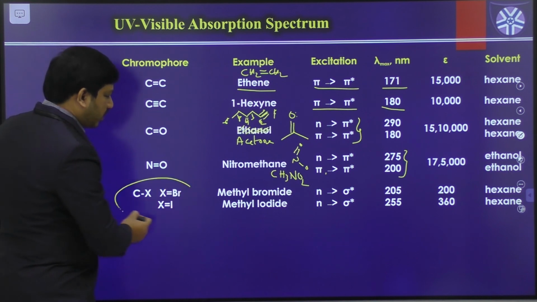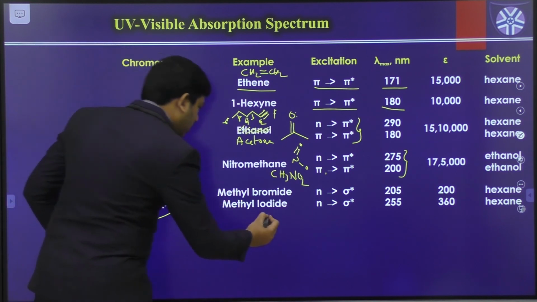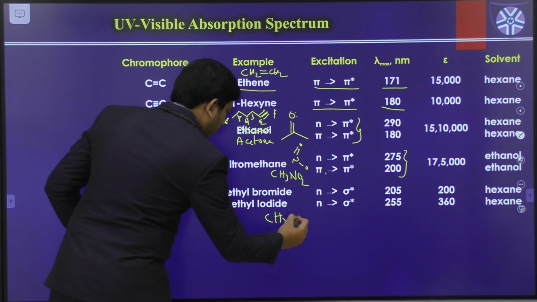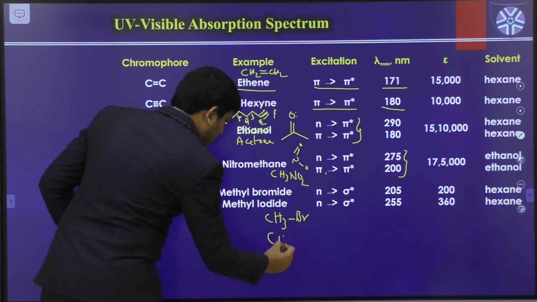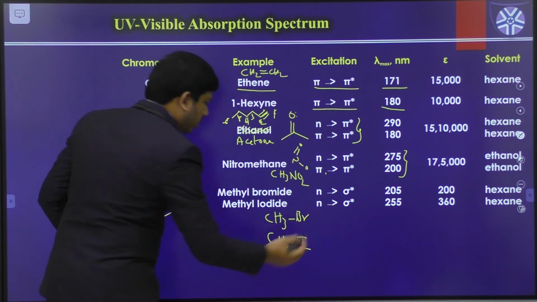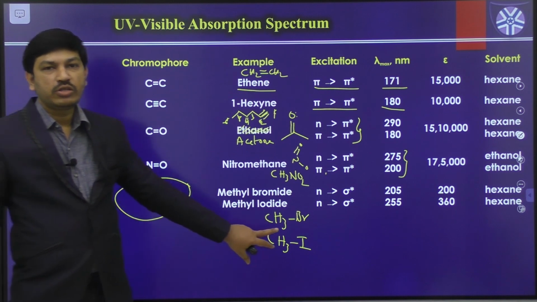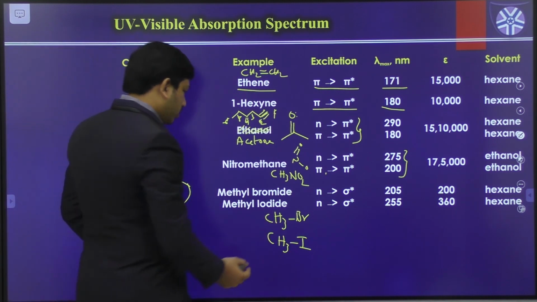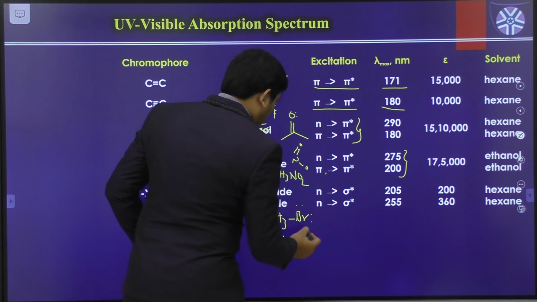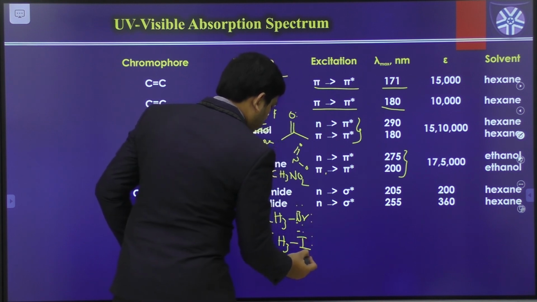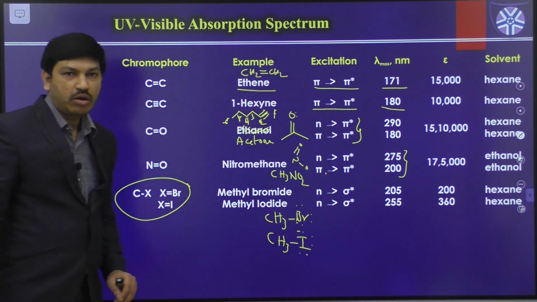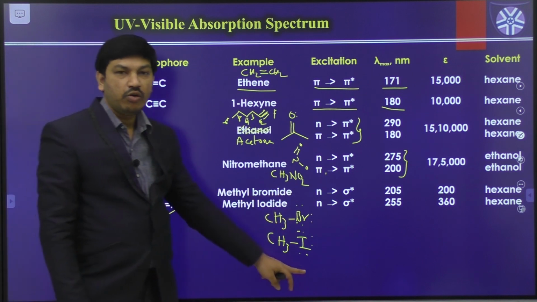And in case of methyl bromide or methyl iodide, CH3Br or CH3I, in those molecules all bonds are actually sigma bonds only. And these halogen groups are also having lone pair of electrons. All the halogens have lone pair of electrons.